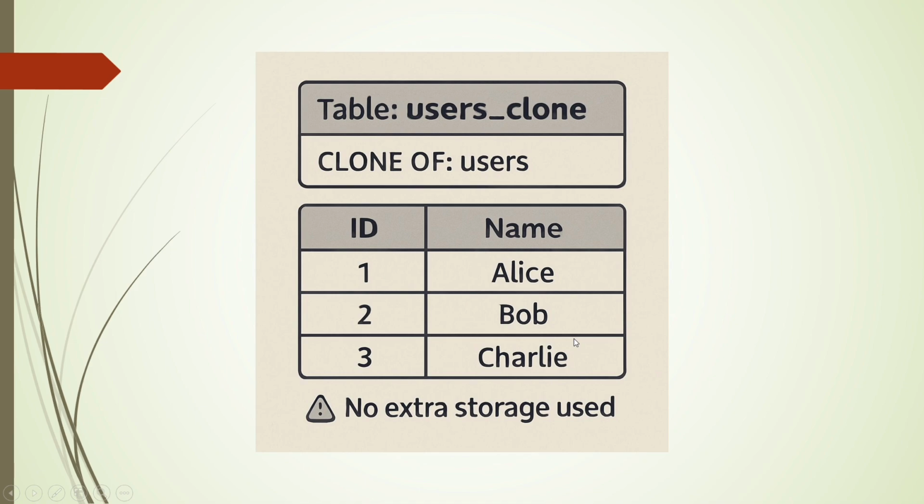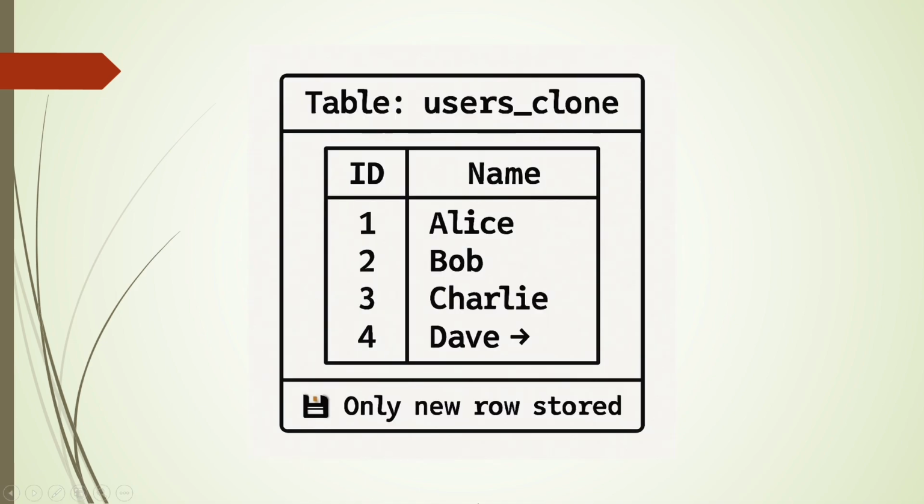But when I make changes to my user clone, you can see I have entered another row named Dave. Only the new row inserted will carry the storage.